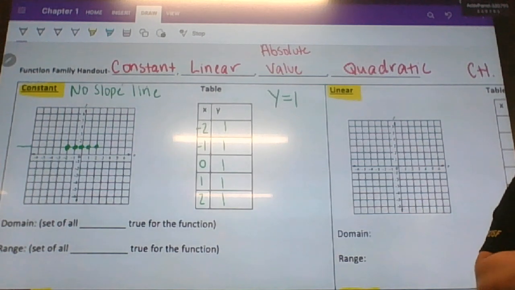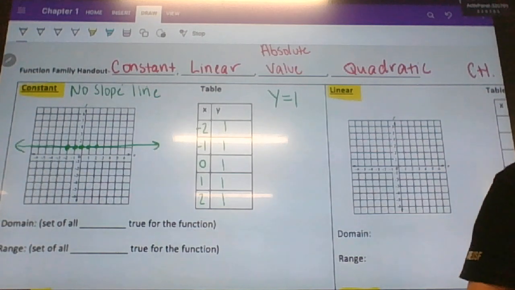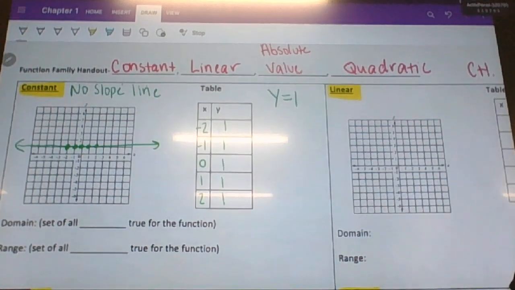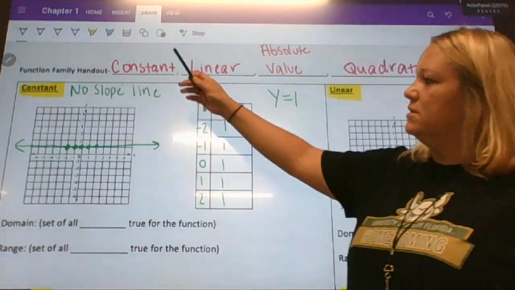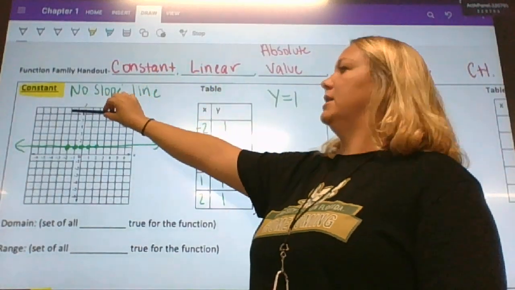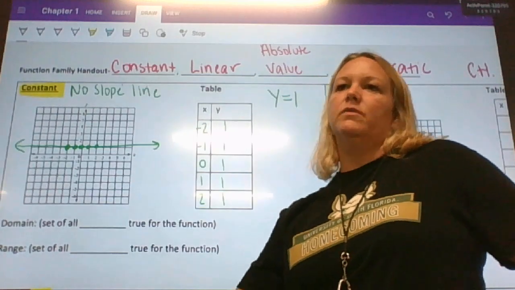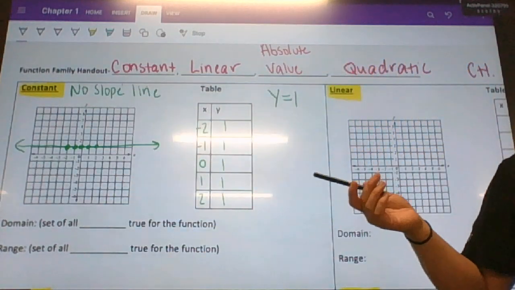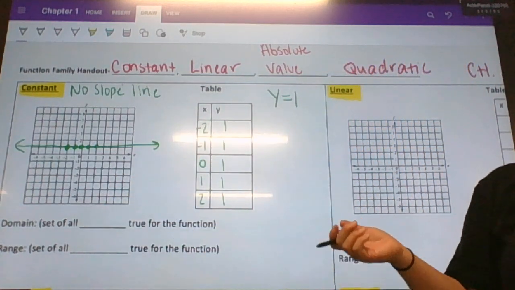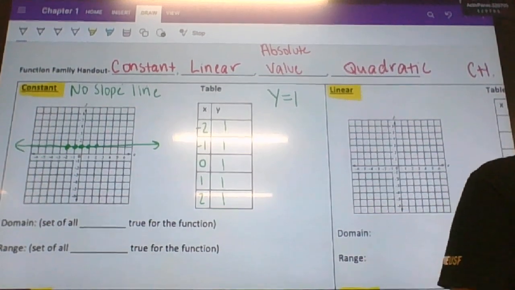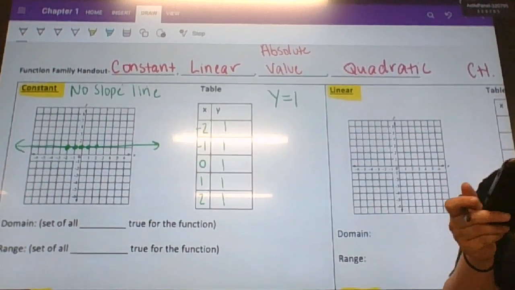It's just this flat line right there. And if it was like y equals 6, maybe it's up here. If it's y equals -2000, maybe it's way down low. The point is it's a no slope line. I don't talk about it a whole lot because it's uninteresting.